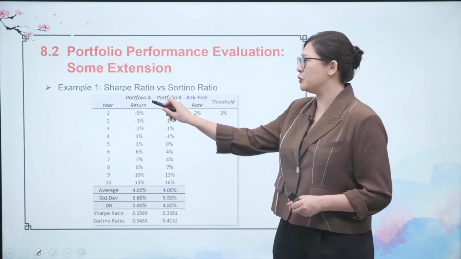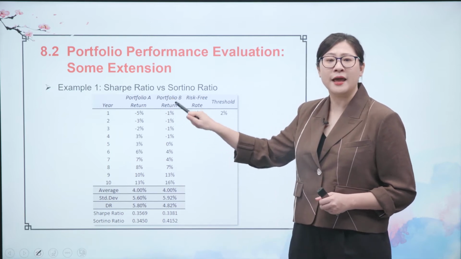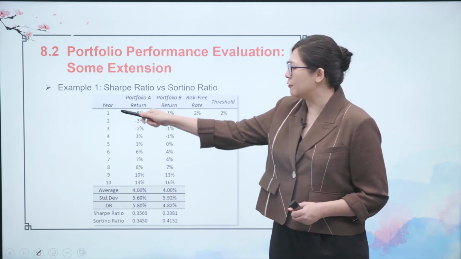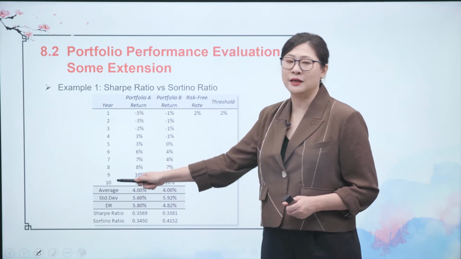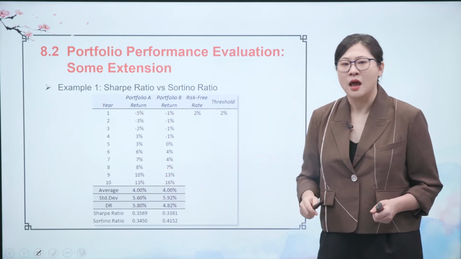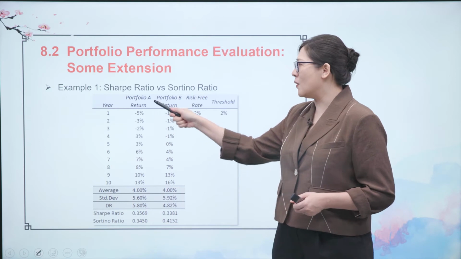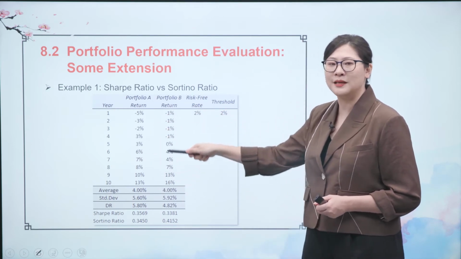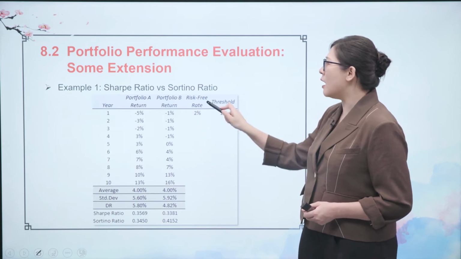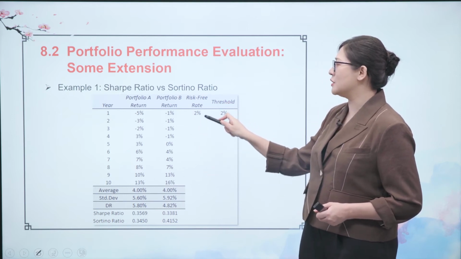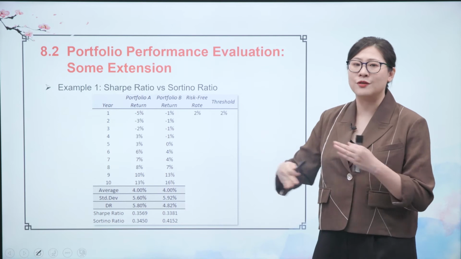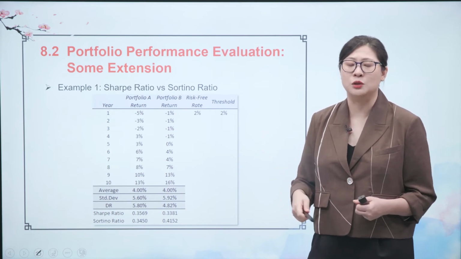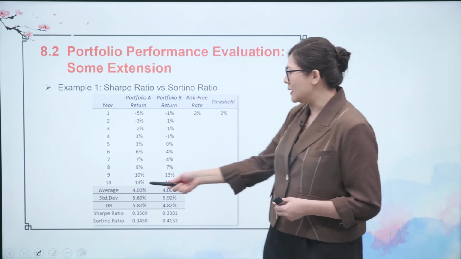I gave you two portfolios, A and B, with results from year 1 to year 10. And we find portfolio A's returns for these 10 years here, and portfolio B's returns here. And also I give you the risk-free rate; the average risk-free rate is 2%. Now let's have a look.